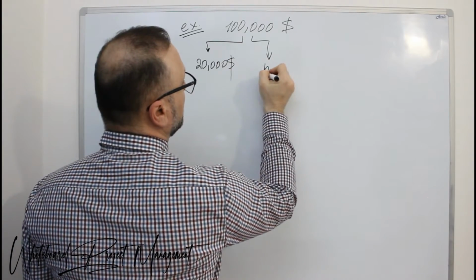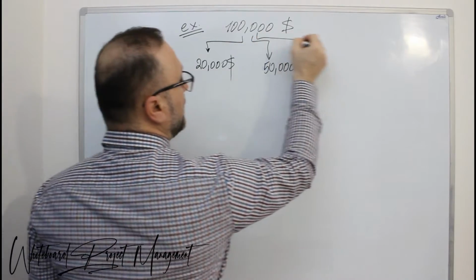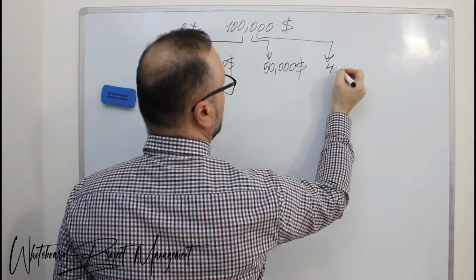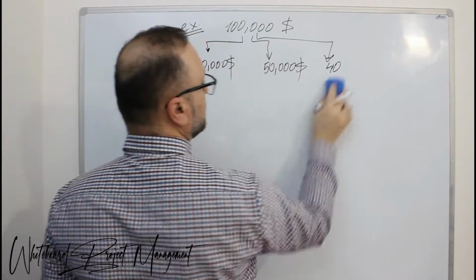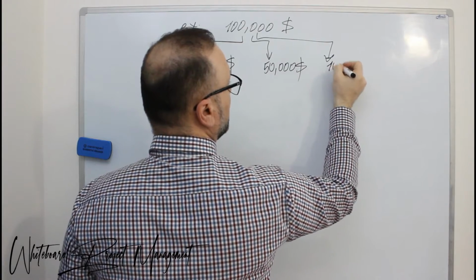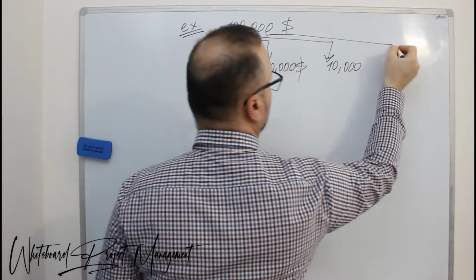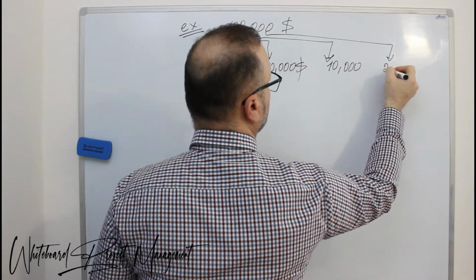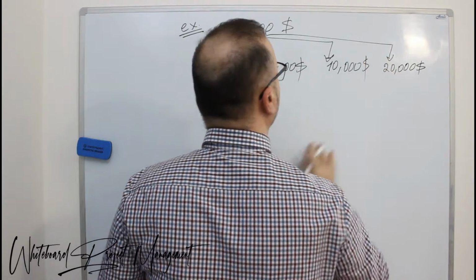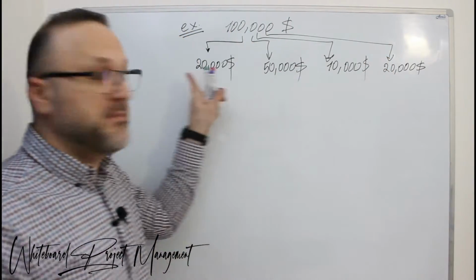Then you have 50,000. Then you have 10,000, and you have 20,000. So those are your payment milestones.